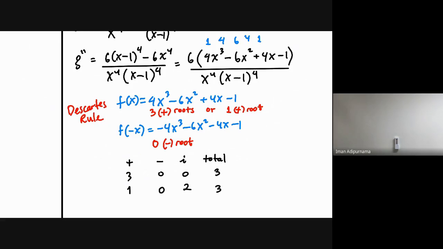If it is 4, then 4, 2, 0. If it is only 1, that's only 1. We cannot minus 2 because it will be negative, and we don't have negative in counting, right? So we have 3 or 1. So what's the conclusion from here? We don't have a negative root.